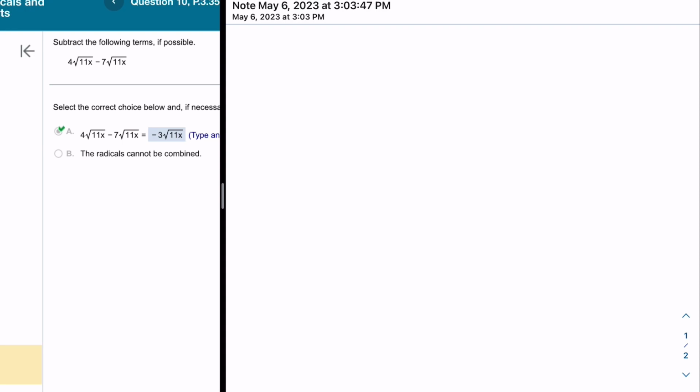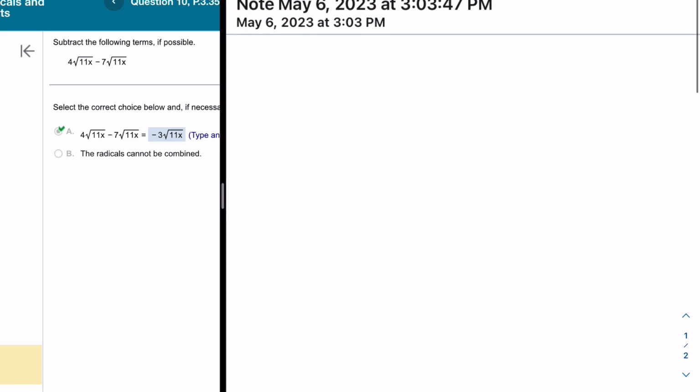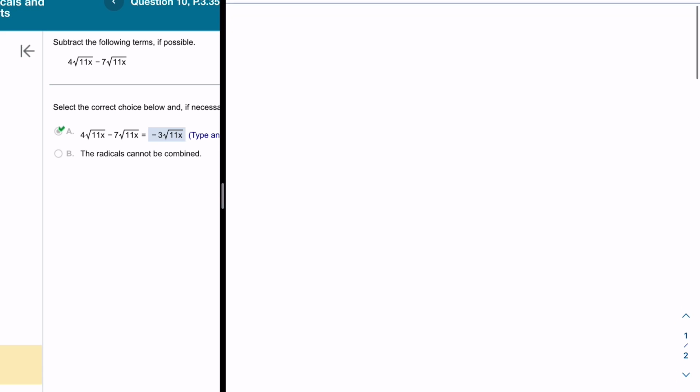So now what's the question? Subtract the following. When you see this kind of problem, you must know the terms like term and unlike term. Our question here is 4 root 11x minus 7 root 11x. So what I was talking about, like terms, they must have the same ending term.